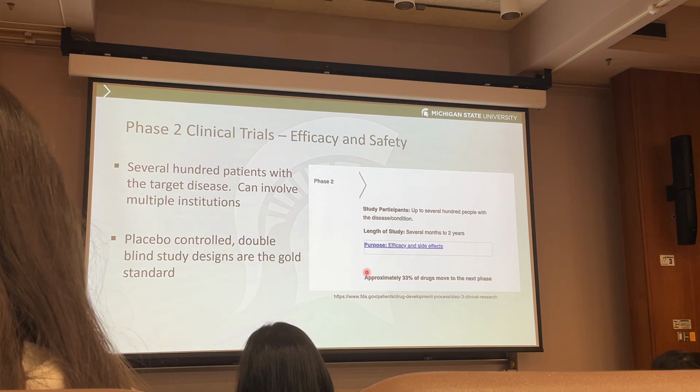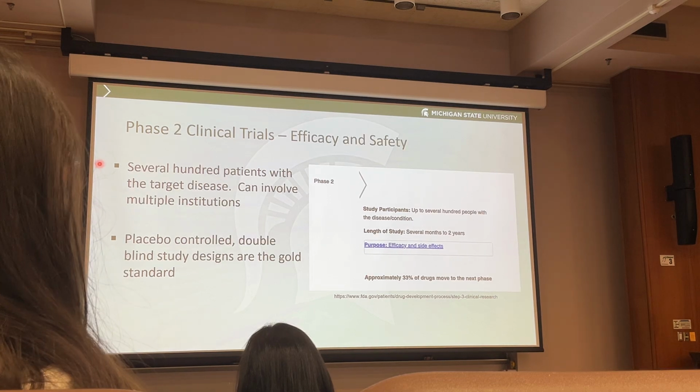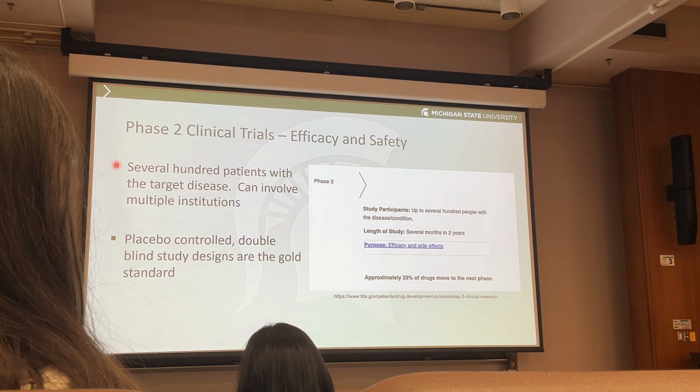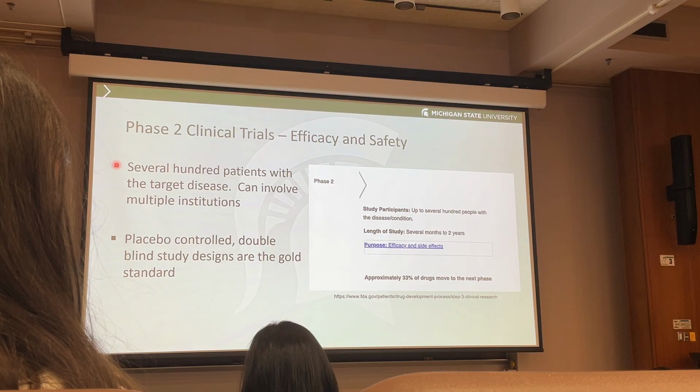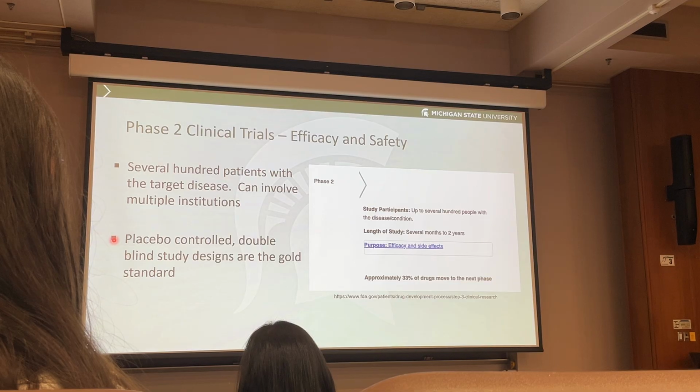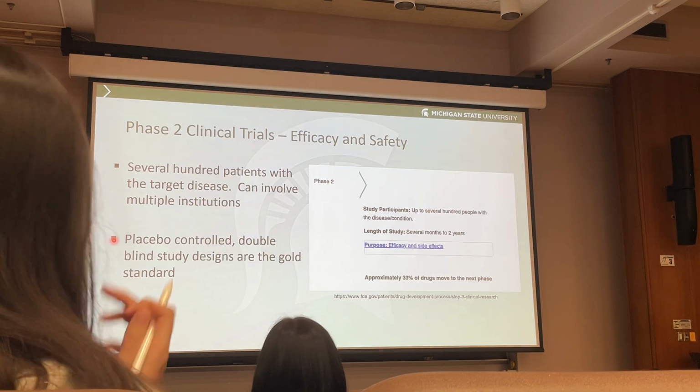That's good. Phase 2, increased by an order of magnitude-ish, several hundred patients. This, depending on how well your institution can gather a cohort to study, can involve multiple institutions. But big thing here, these are placebo-controlled double-blind studies, right? So placebo-controlled, some people get sugar pills, some people get the real drug.